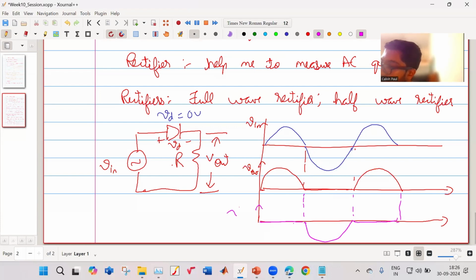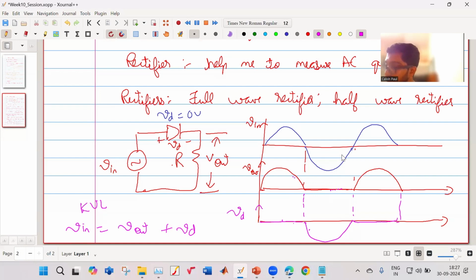So this is the voltage across the diode. So it has to obey KVL. Your V in is equal to your V out plus VD. So in this case, your VD is 0. So your V out is equal to V in. In this case, your V out is 0 and your VD is equal to V in. Okay. So that is something you must consider.